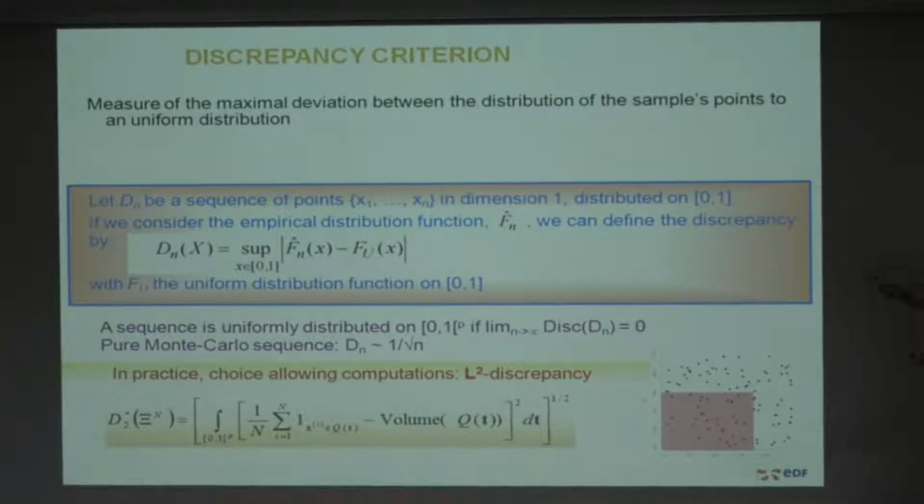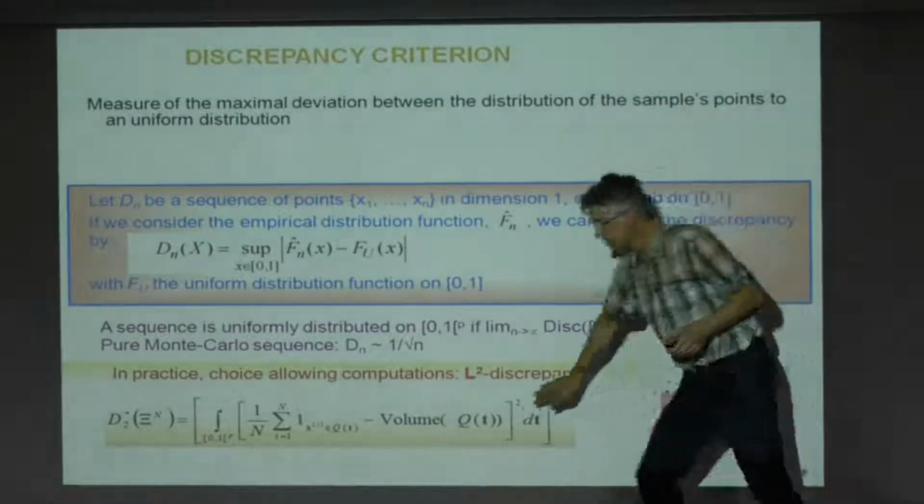So this is the same thing. This is the number of points inside the subinterval divided by n. Okay, so this is the L2 norm. But of course, I don't know how to compute this again.